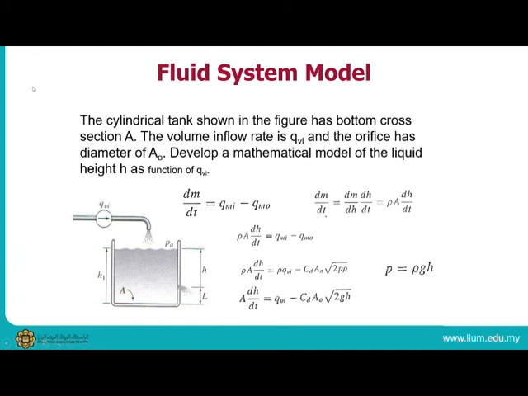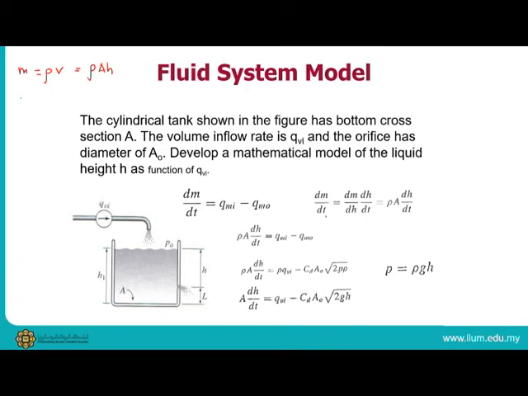As usual, we have the basic formula, m equal to rho V, and V in this case is equal to A h. We are not going to use this one because the orifice is at the depth of it.